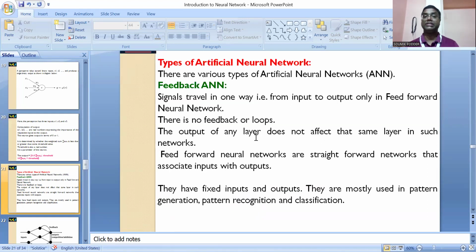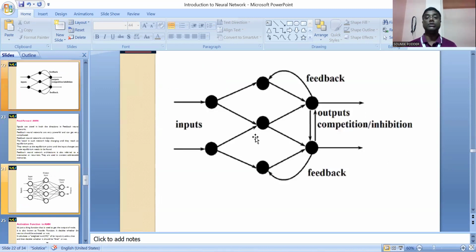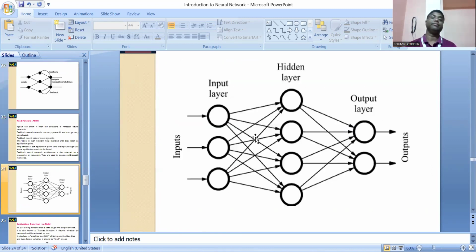Now coming to the categories of ANN. ANN is basically categorized into two classes. One is the feedback artificial neural network and the other is the feed forward. So far we have studied the feed forward. What is feed forward? It is a very simple architecture where the pre-processed data and the feature extracted data come to the input layer.